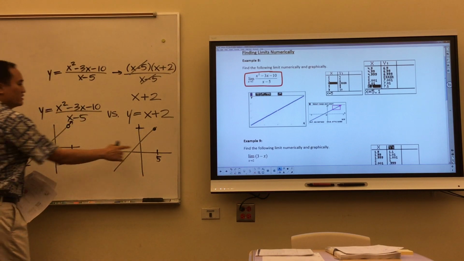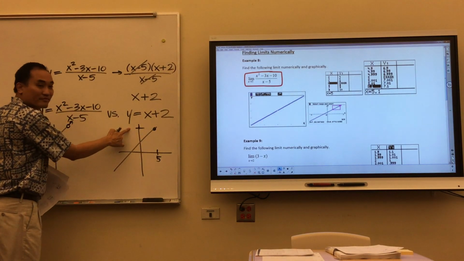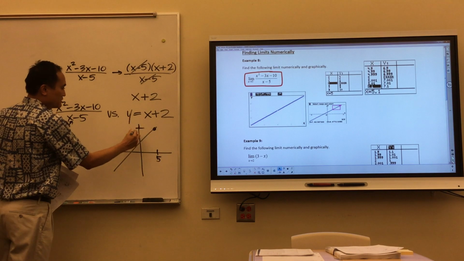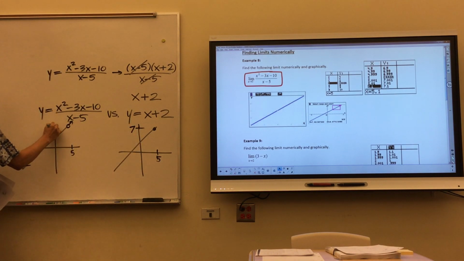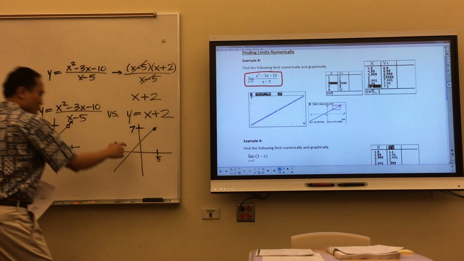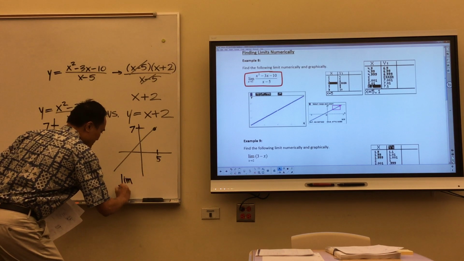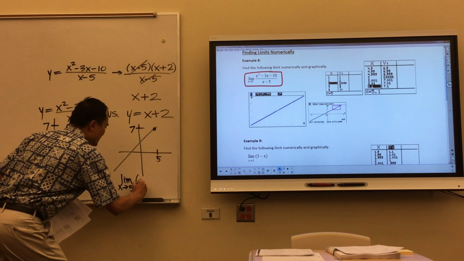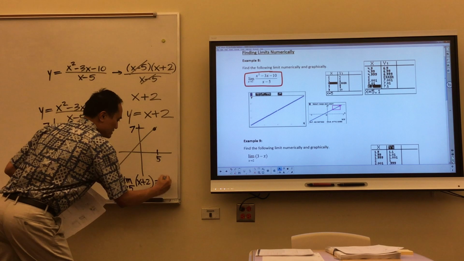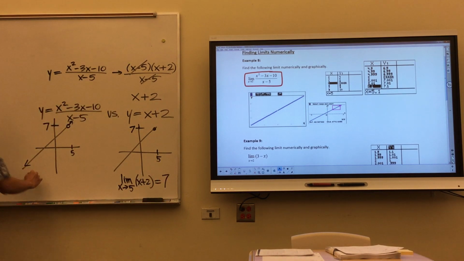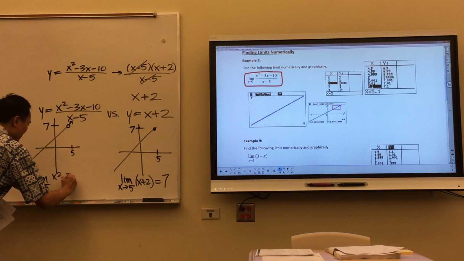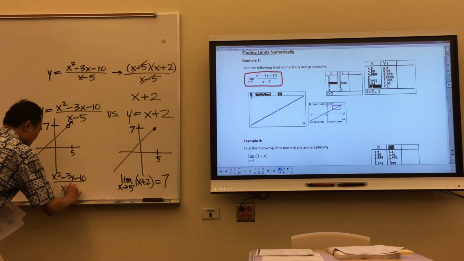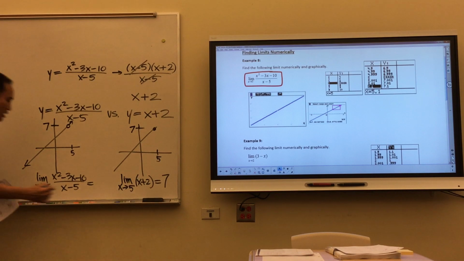Well, for this one, when x is 5, y is 7. So where would be the location of this hole? At 7. Now, in this graph, the limit as x approaches 5 is what? 7. For this one, the limit as x approaches 5 is what? Also 7.